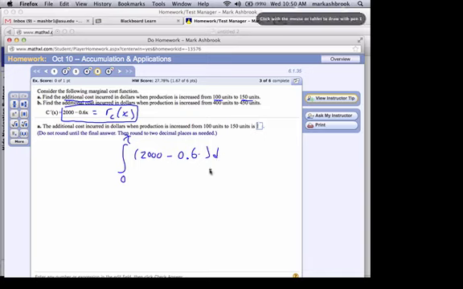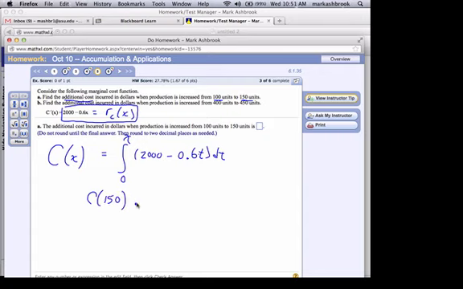So we can use something else. T. Fine. And you built this as the cost function, all right? And now to get the additional cost from 100 to 150, you said? Yep. Total cost for 150 units minus total cost for 100 units.